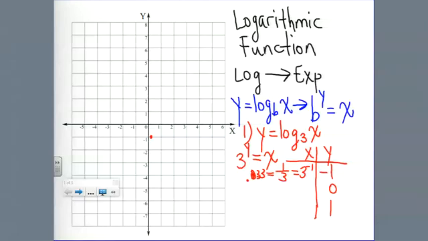Now, if we let y equal 0, 3 to the 0 power is 1. So we have the ordered pair (1, 0) to plot. And finally, if we plug in 1 for y, that will give us 3 to the first power, or just 3 for x.